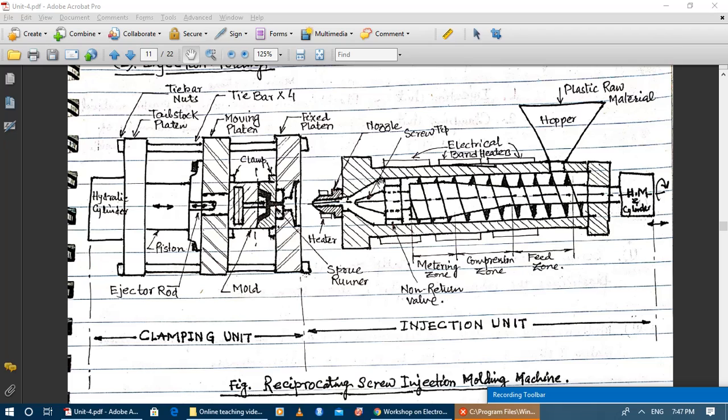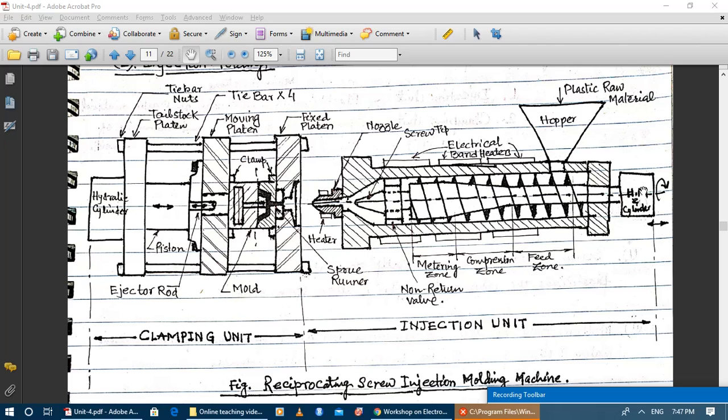When the polymer moves from the hopper to the metering zone, what is the difference here? In an injection molding machine, it gets accumulated in front of the screw tip, and when it accumulates there, it applies a pressure on the screw in the backward direction.